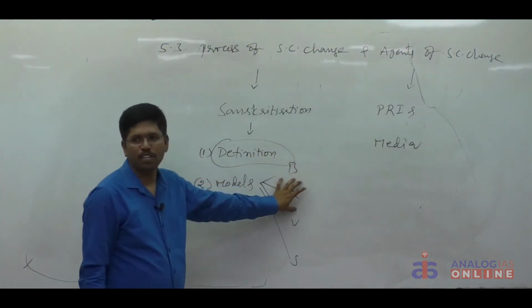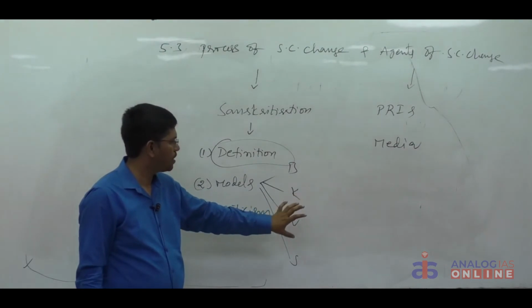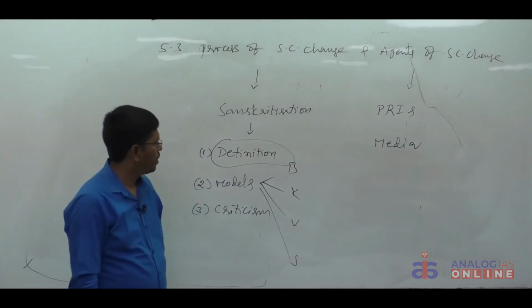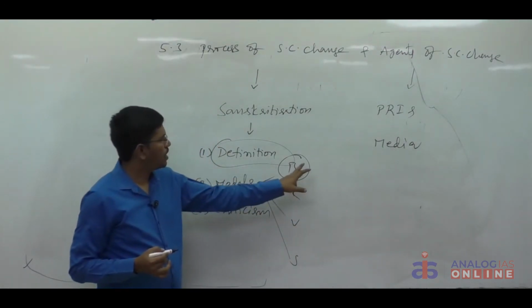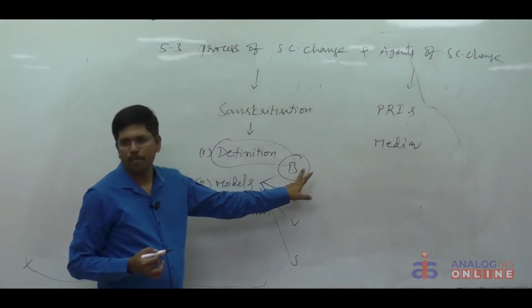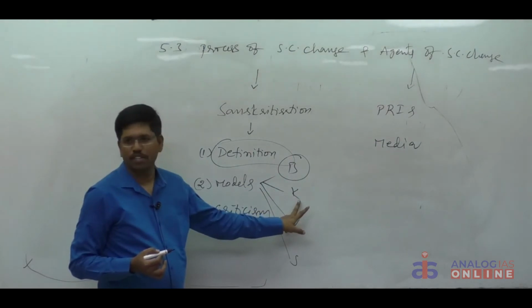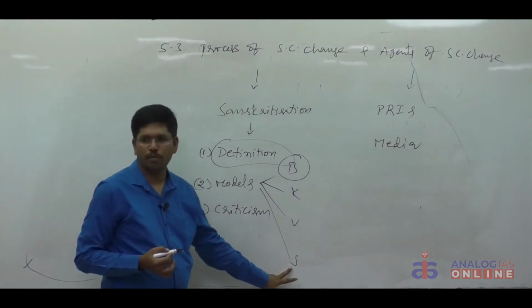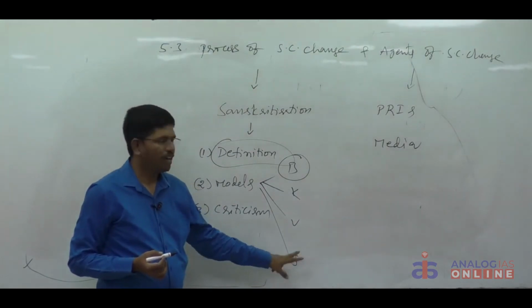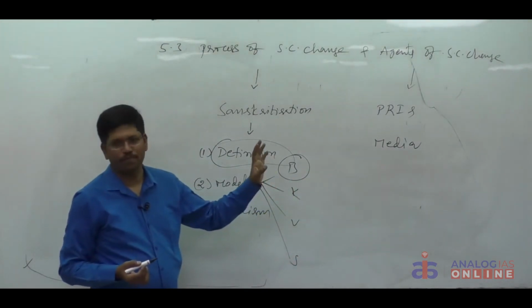In Kshatriya model of sanskritization, Kshatriya's lifestyle will be adopted. Similarly here also. In the examination, write what are the components of Brahminic way of life, Kshatriya way of life, Vaishya way of life, and Shudra way of life. I did not give explanation briefly.